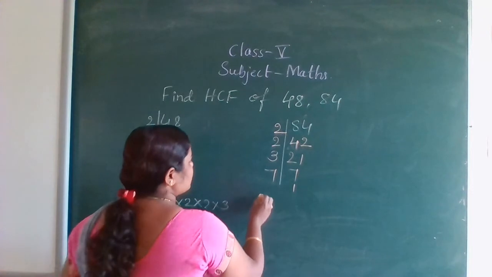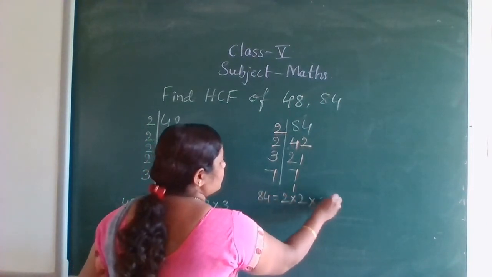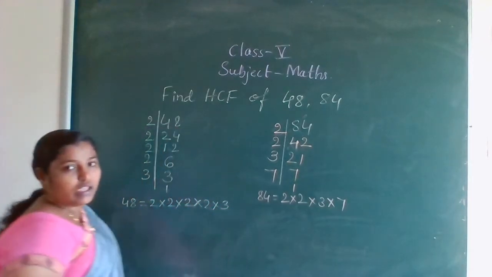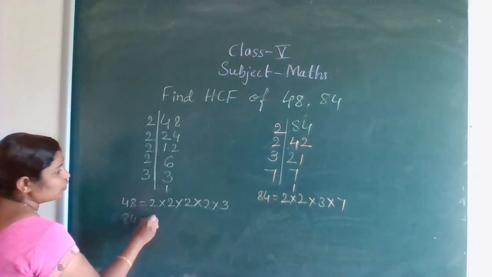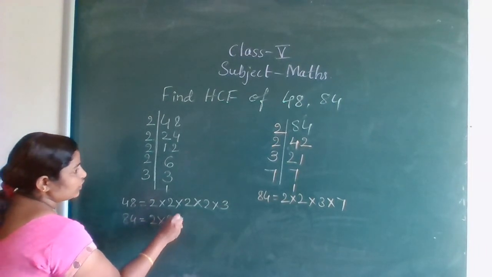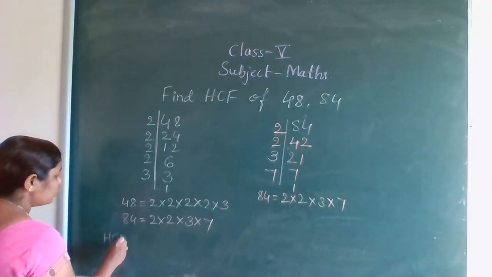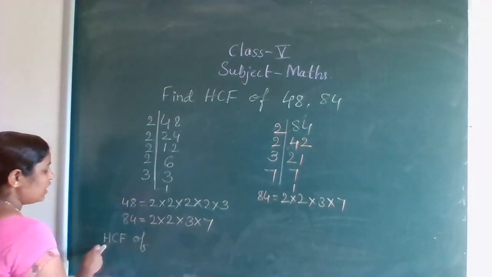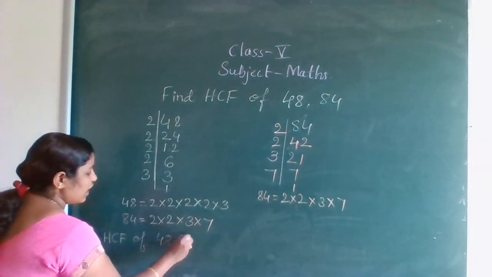Now write the factors of 84 is equal to 2 into 2 into 3 into 7. Okay, now write that down. Now we should write the HCF, the highest common factor, of 48 and 84.